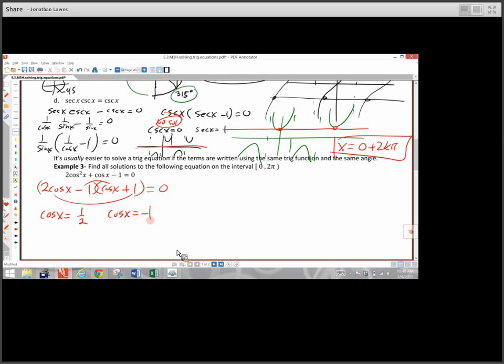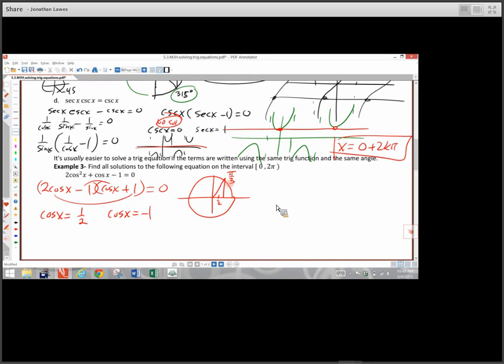Okay? Now, if you want to draw pictures, if you want to use your calculator, if you want to think of the graphs, totally fine. I'm going to solve this one thinking of the unit circle, thinking of the triangles and so forth. Cosine of 1/2. X coordinate of 1/2. That happens here at 60 degrees, or they said radians, so this is going to be pi thirds.